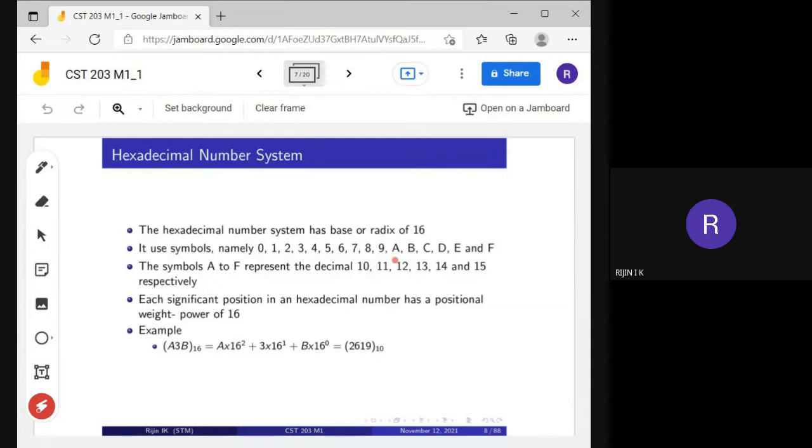Then for representing 10, we use A, for 11 we use B, and for 12 we use C. Likewise, we use A, B, C, D, E, and F for representing 10, 11, 12, 13, 14, and 15. The positional weight of the hexadecimal number system is in the power of 16.